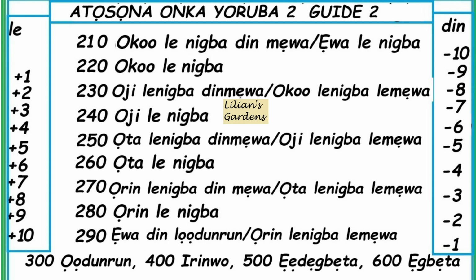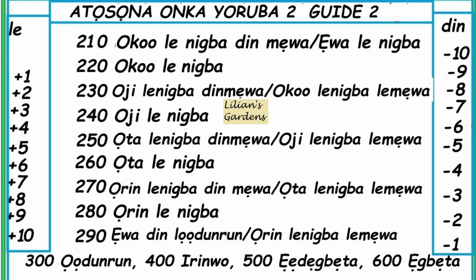Ọ̀rìnlénígba-lé-mẹ́wàá. Now the first one, which was ẹ̀wádínlọ́ọ̀ọ́dúnrún, ọ̀ọ́dúnrún is 300. And as you can see and I've listed below, 300 is ọ̀ọ́dúnrún, 400 is irinwó, 500 is ẹ̀ẹ́dẹ́gbẹ̀ta, and 600 is ẹgbẹ̀ta. All that we have on this page, I will explain all these 300, 400 in our next lesson.